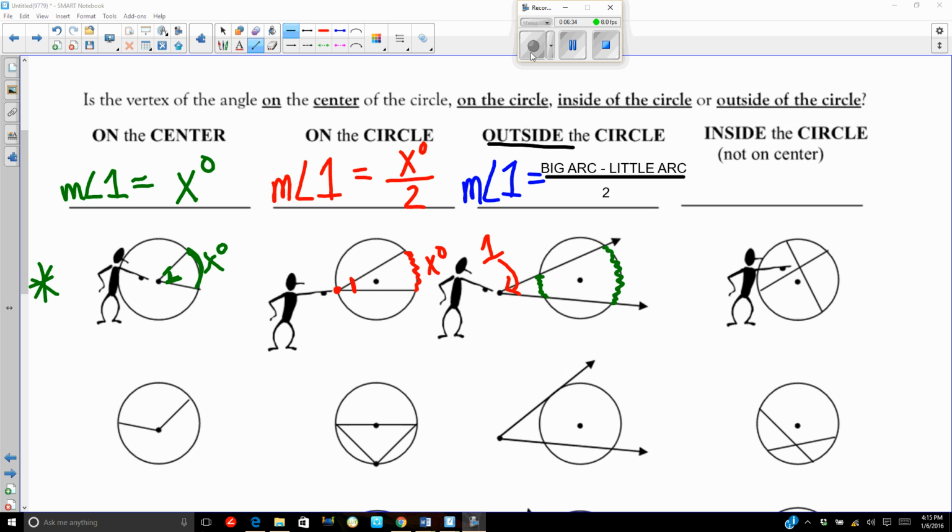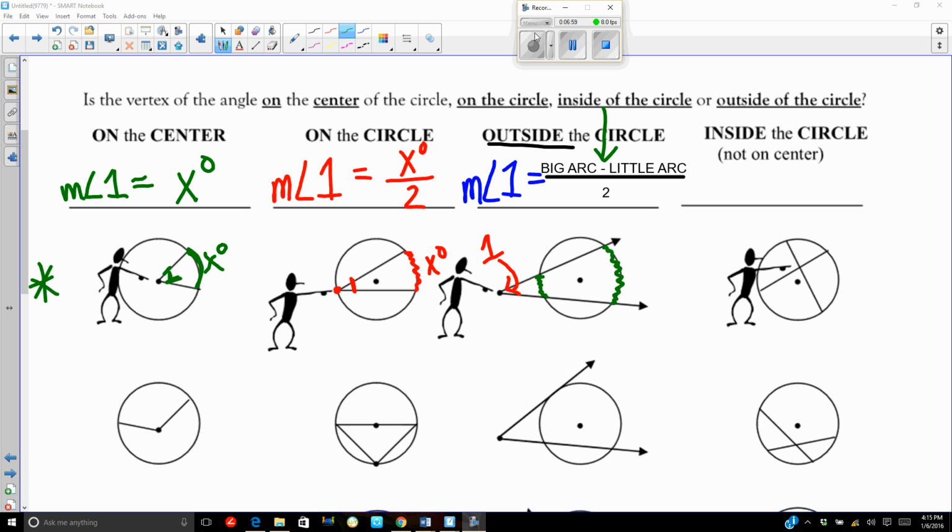All right, fixed it. It's the big arc minus the little arc divided by 2. And you'll use a similar formula here in a second. The big thing is, though, when the vertex is on the outside, you subtract the 2 arcs and you divide by 2 to find that missing angle.